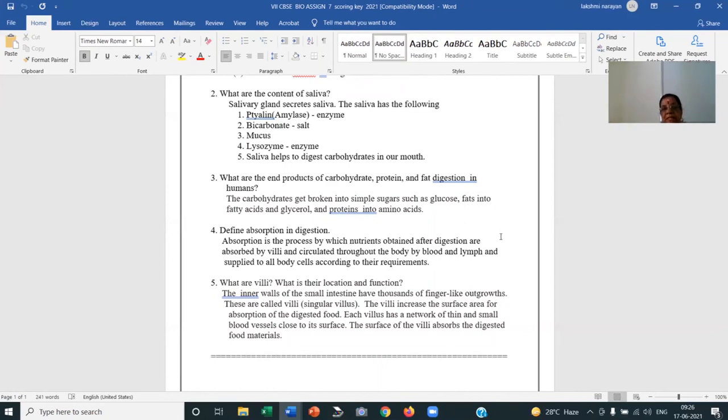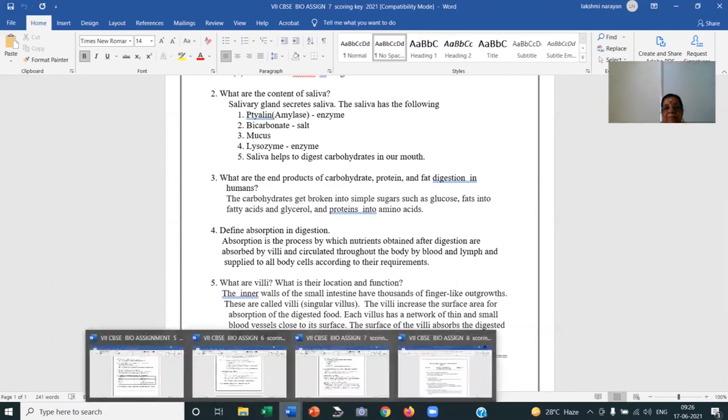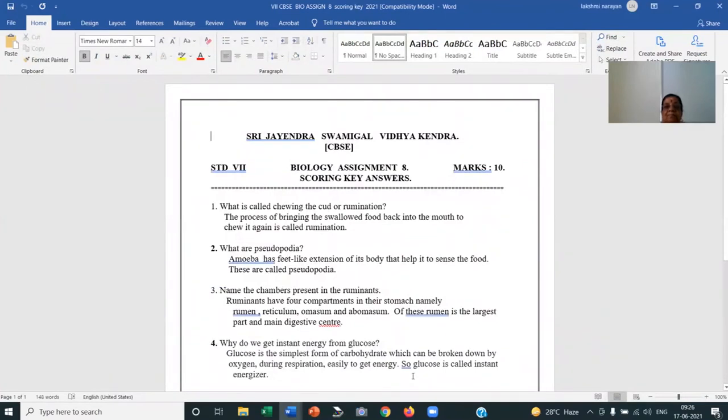Each villus has a network of thin and small blood vessels close to the surface, and the surface of the villi absorbs the digested food material. I hope you understand.